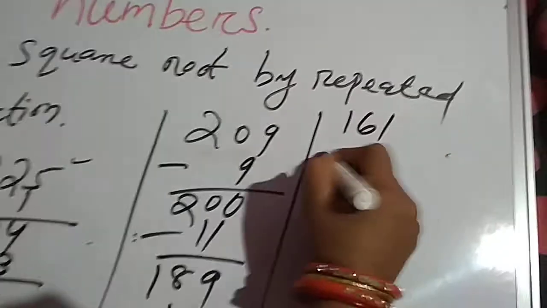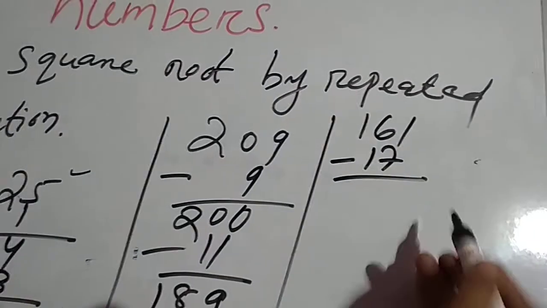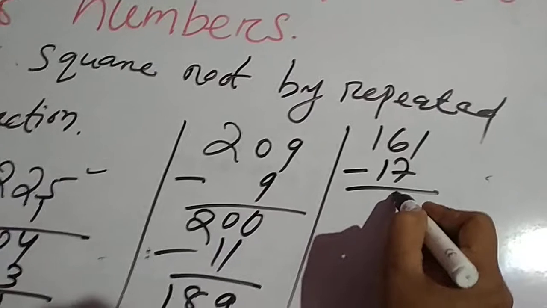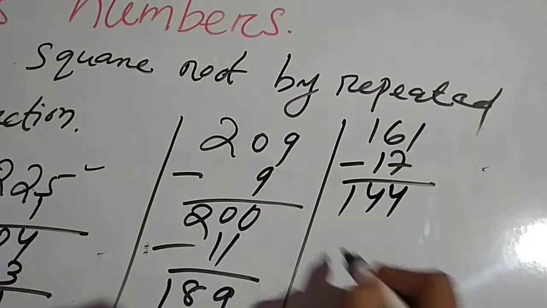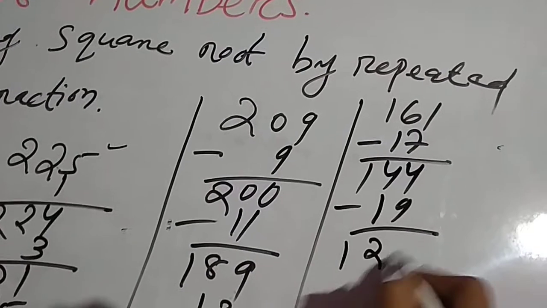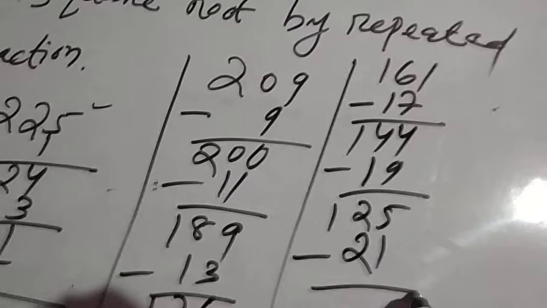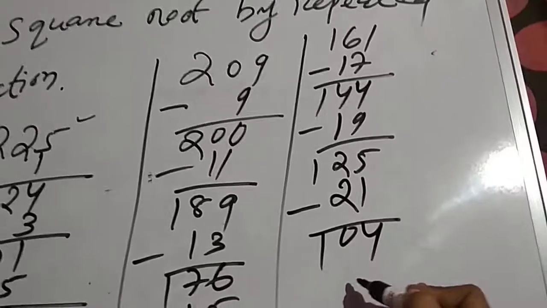Again subtract 15. We get 161. Then subtract 17, we get 144. Again minus 19, so 125. After 19, the next odd number is 21, so 104.